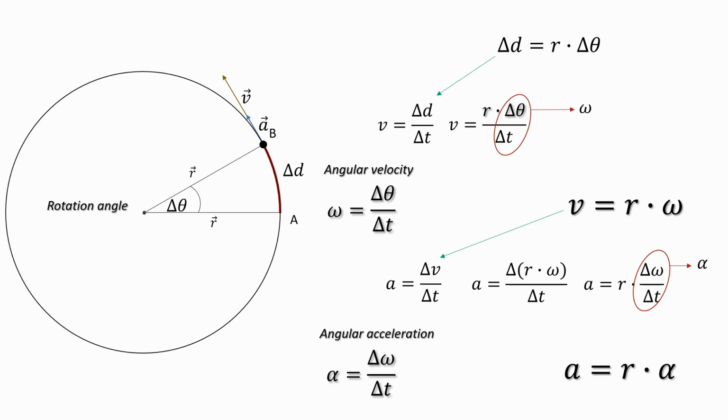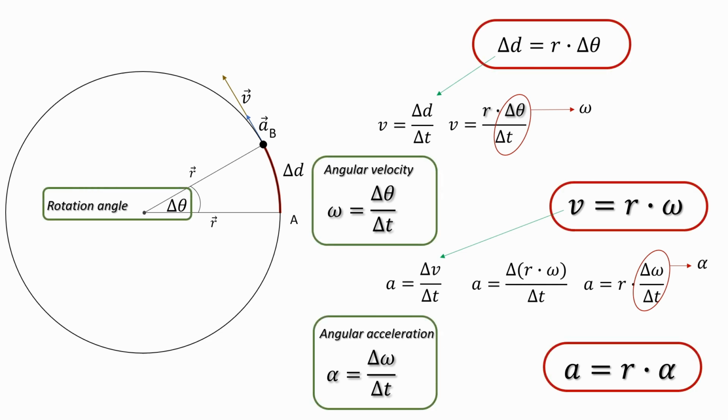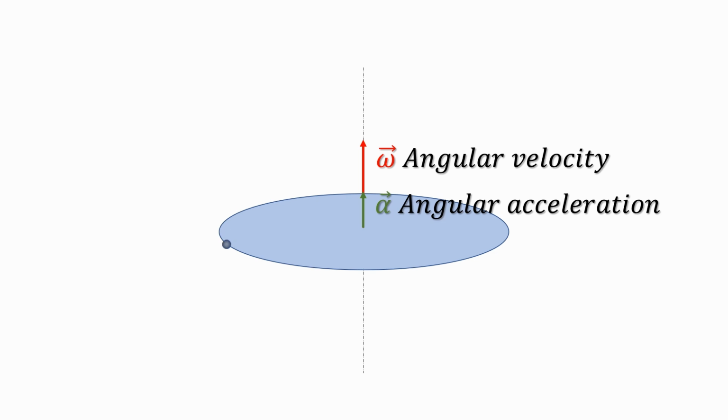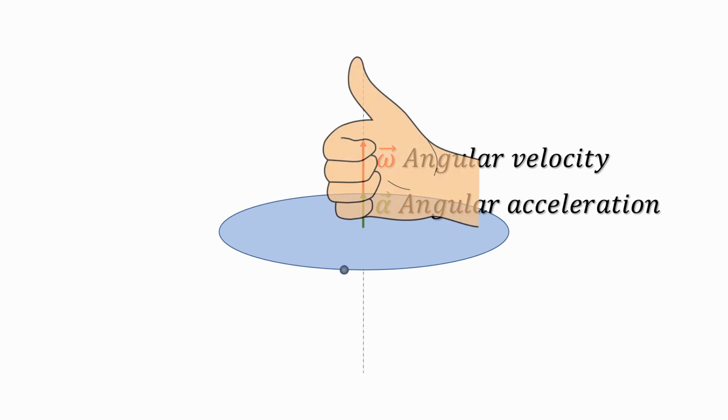This approach enables us to represent all kinematic quantities of linear motion using the circle's radius and the corresponding circular motion kinematics quantity. Quantities used to describe circular motion are vectors, with the direction of the axis of rotation oriented by the right-hand rule, which states that when fingers indicate the direction of rotation around the circle, the thumb indicates the direction of the vectors of angular velocity and acceleration.